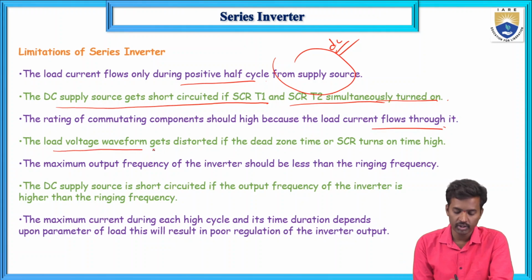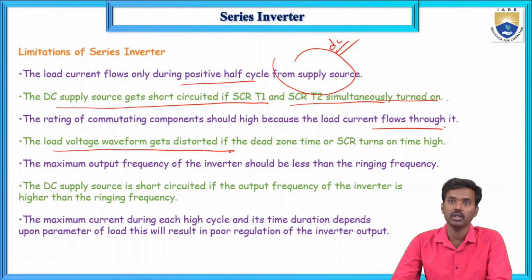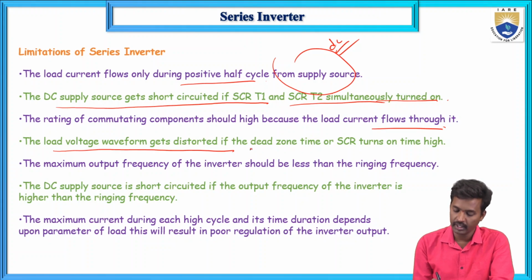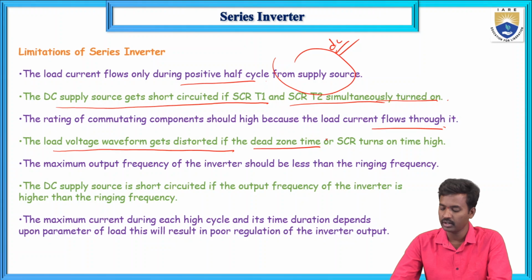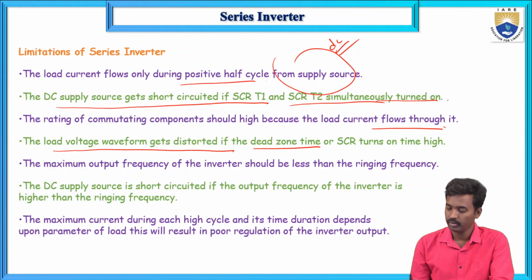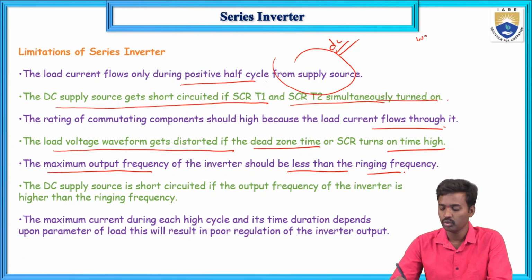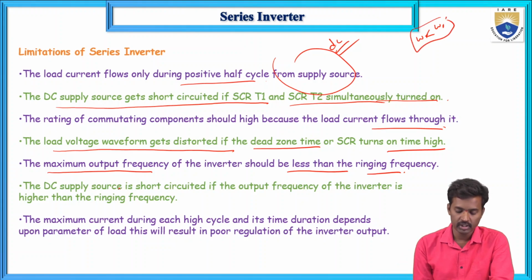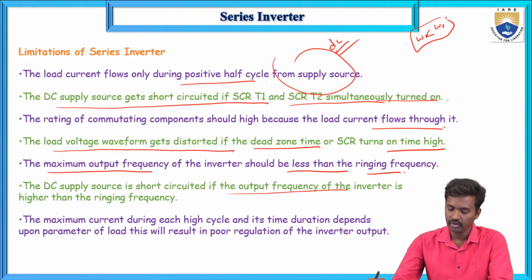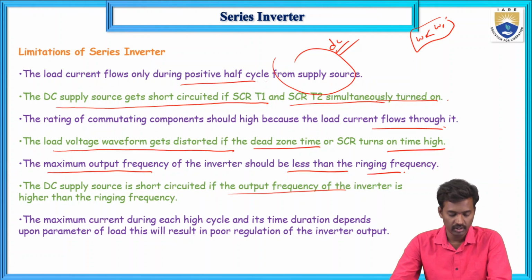The load voltage waveform gets distorted if the dead zone time, that means dead time or SCR turn-on time, is high. The maximum output frequency of the inverter should be less than the ringing frequency, so omega is always less than the ringing frequency omega r. The DC voltage source is short circuited if the output frequency of the inverter is higher than the ringing frequency.